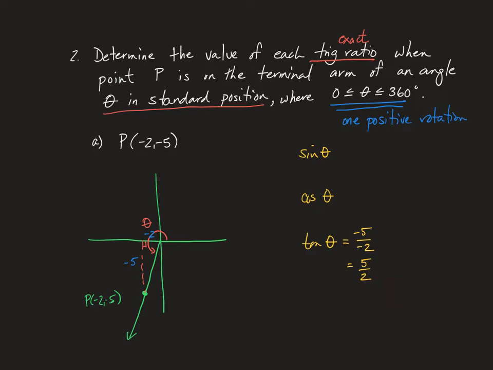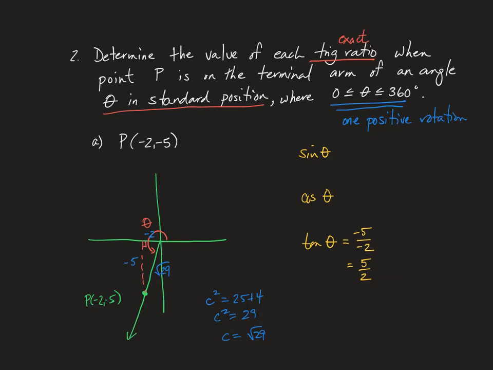Now, what I'm missing on that triangle is the hypotenuse. And so for me to be able to come up with my sine and my cos, I will require the hypotenuse. So I'm going to have to do a little bit of work. And for me to come up with that hypotenuse, maybe I call that C. Then I know that C squared has to equal one side squared plus the other side squared. So C squared has to give me this, and that means that the length of my hypotenuse is root 29.